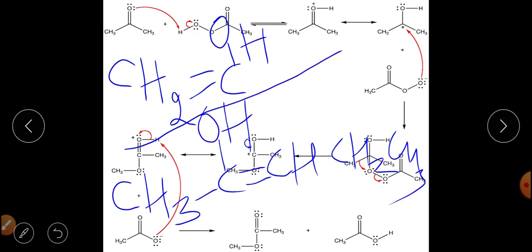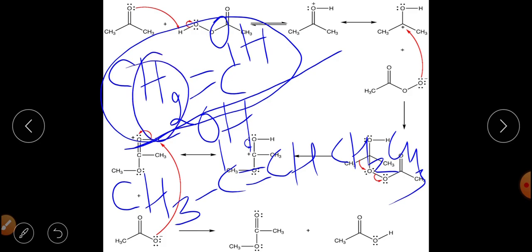To find the stability of this type of enol, we have a rule: the highly substituted alkene will always be preferred over the less substituted alkene. This is a case of less substitution because it contains an alkene-like character with only two hydrogens, so this is the least substituted. And this particular alkene is highly substituted. So this enol will be prepared, and from this enol the product will be synthesized.